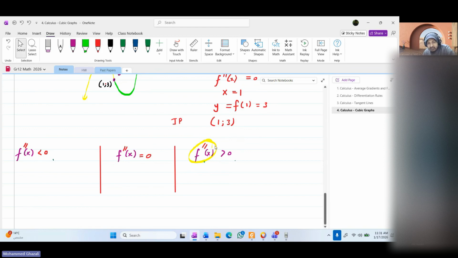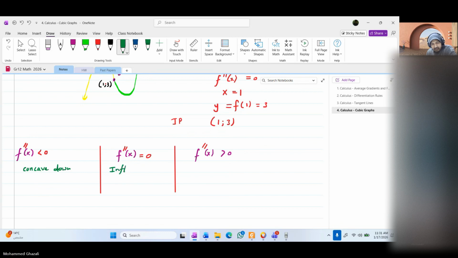Now, what does each one mean here? f double prime x less than 0 means concave down, right? f double prime x equal to 0 means inflection point. And f double prime x greater than 0 means when the graph is concave up.